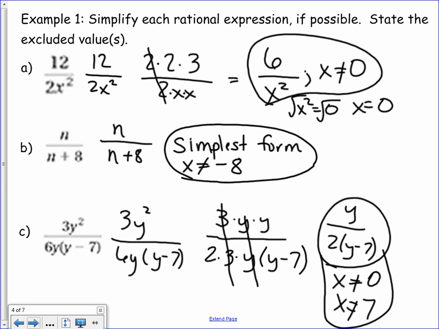And that's why 0 is also an excluded value, not just 7, which 7 being here in the original equation will still make this side 0, and so 0 times 42 would still be 0. Okay, so always remember that when you are finding excluded values, to use the original expression. Okay, and I'll write that down. Use the original expression.